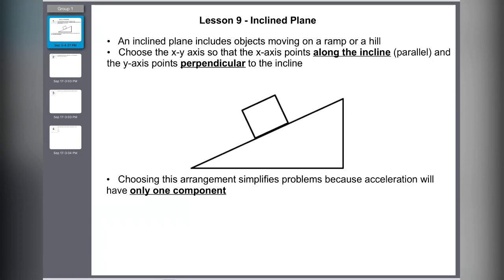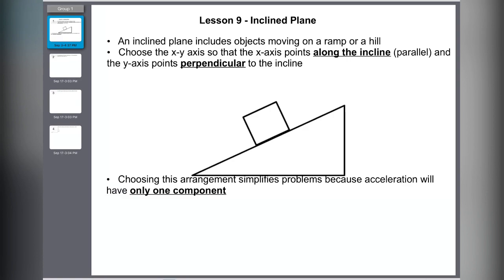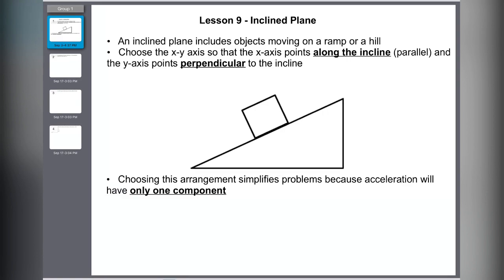Similar to the skiing questions that we did in like 3 lessons ago, we would do something on an incline, and we always would have an angle this way. Keep in mind that that angle is the same angle that goes with the FG.